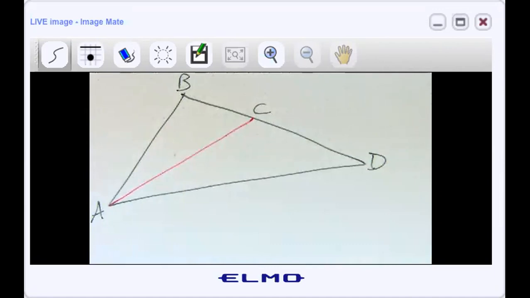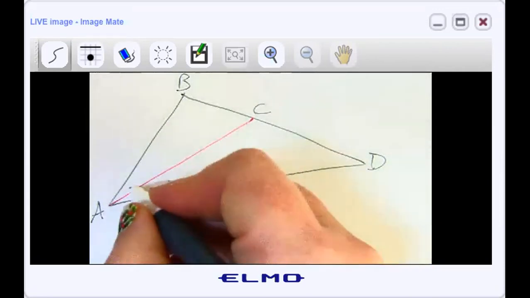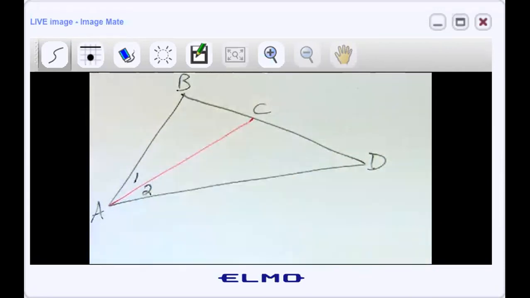However, once I start putting in some markings, then we would know. In order for me to know that AC is an angle bisector, I'd have to know somehow that these two smaller angles are going to be equal to each other. If I don't know that, then I don't know that I have an angle bisector. So how would I know that?